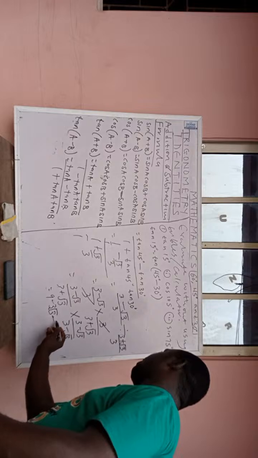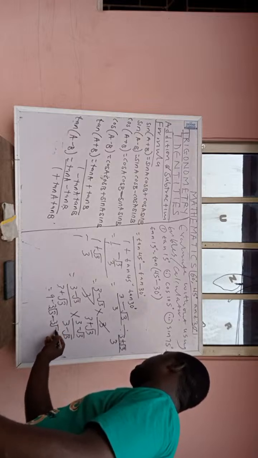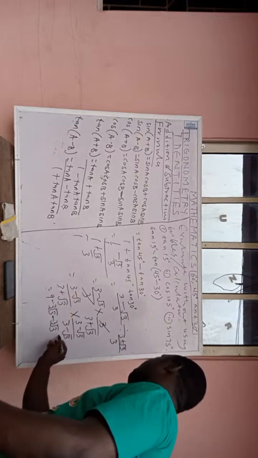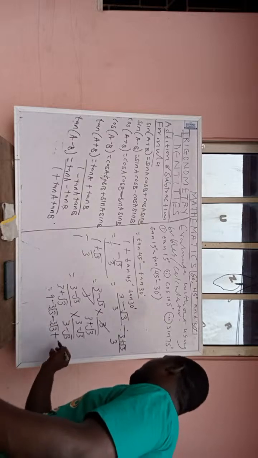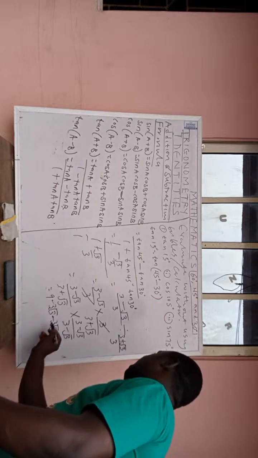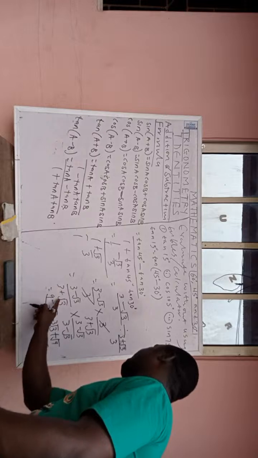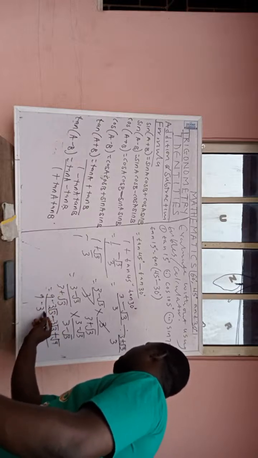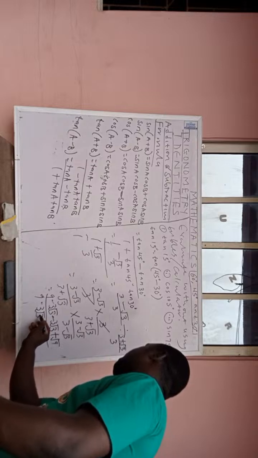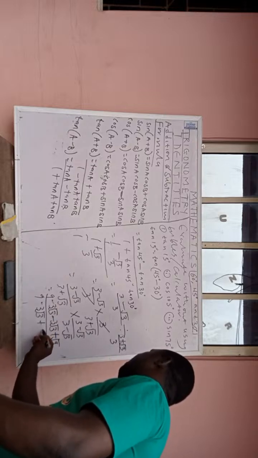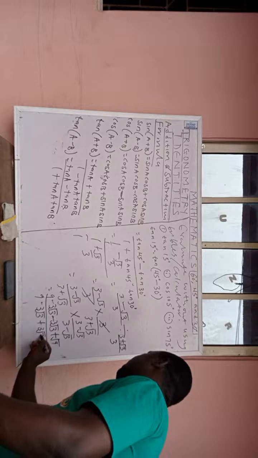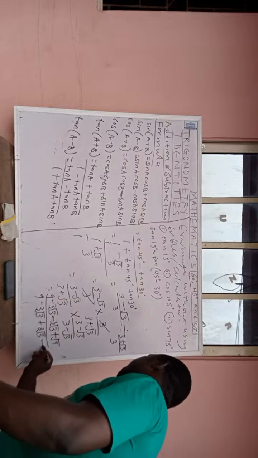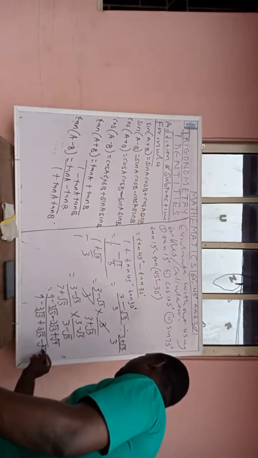This times this, what do you have? 3 root 3, minus times minus plus. Root 3 times root 3, that's root 9. Come down, 3 times 3, 9. This times this, 3 root 3. This times this, plus 3 root 3. This times this, minus, and then you also have root 9.